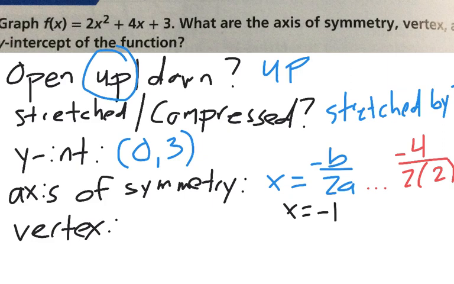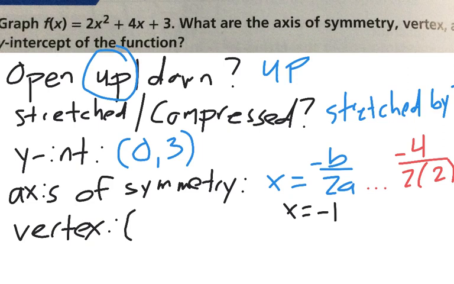Which means the graph got shifted left 1, if I think about vertex form, because the axis of symmetry is now at x equals negative 1. Questions about how to find this? Axis of symmetry, everybody's good there? Now, find the vertex. The vertex is an ordered pair.